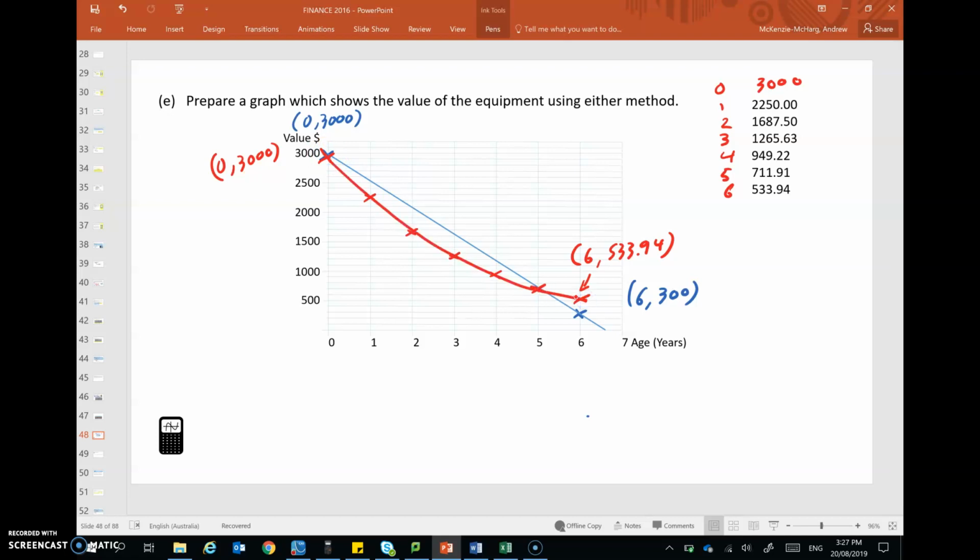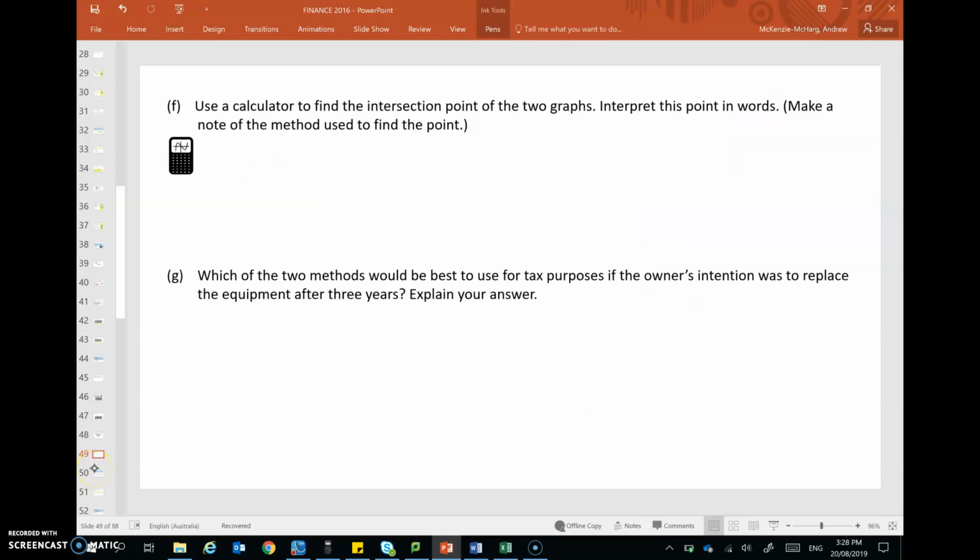That'll do. And we can see that a point of intersection occurs right about here. Okay, they cross over. So that's the important thing for us, is that point of intersection. Just after 5 years, the two methods are worth the same amount. So use a calculator to find the intersection point of the two graphs.